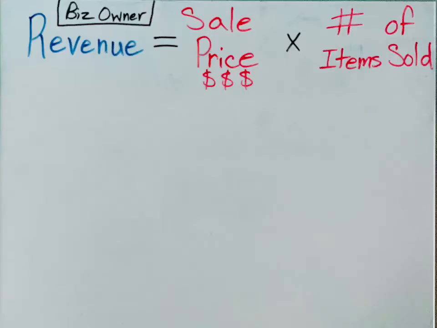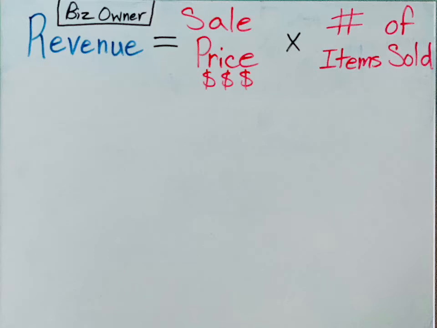Let's begin with revenue. Revenue is the total amount of money a company makes by selling a product or service. The formula for revenue is the price of your product or service multiplied by the number of products or services you sold.